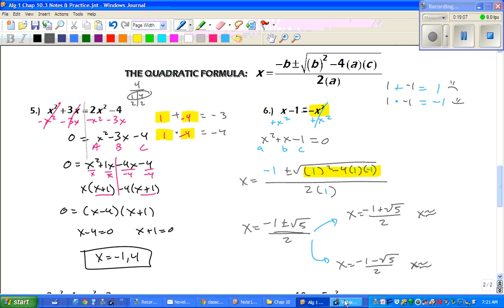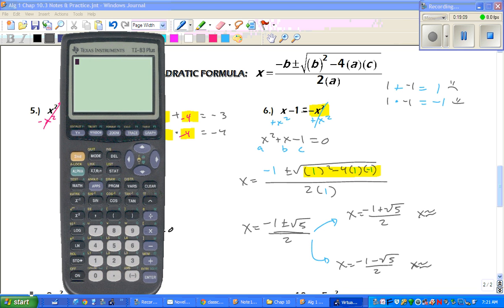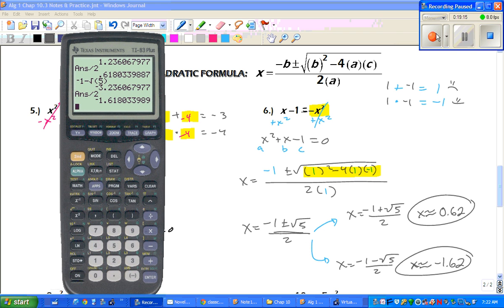Go ahead and pause the video and see if you can get those 2 answers. Okay, so there are the 2 answers. Just remember, we're rounding to the second decimal, so you need to look at the third decimal to decide where to go. The work for all of those problems is on my calculator right there, so you can see exactly what I did.